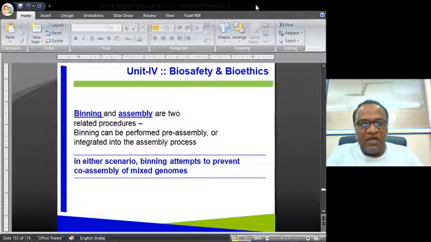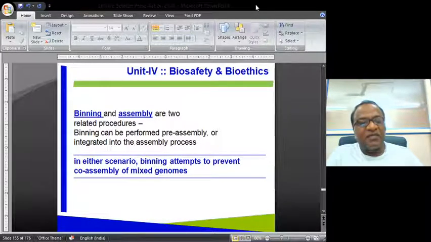Now, what is the advantage of the binning process? In either scenario, whether it is pre-assembly mode or integrated mode, binning always attempts to prevent co-assembly of mixed genomes. It never mixes the genome sequences.